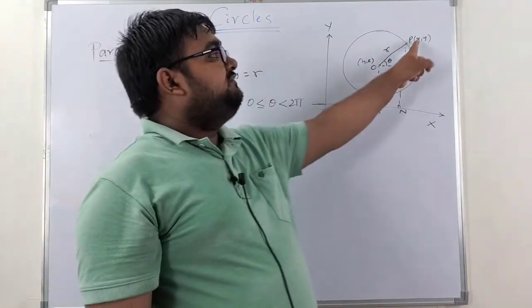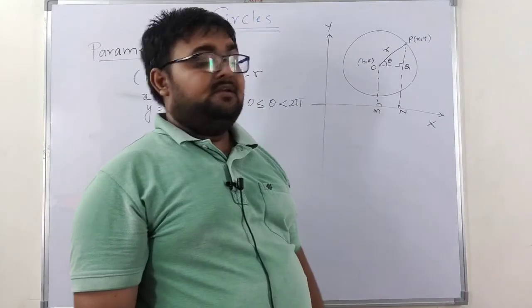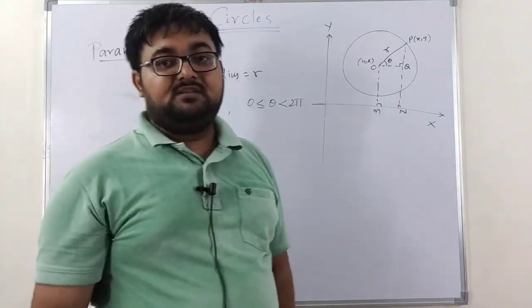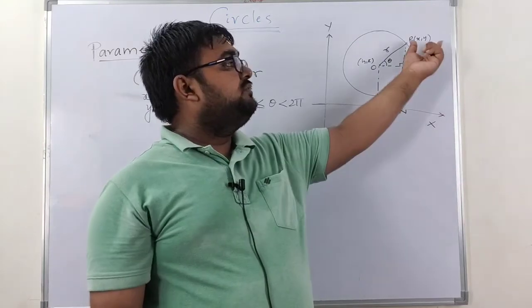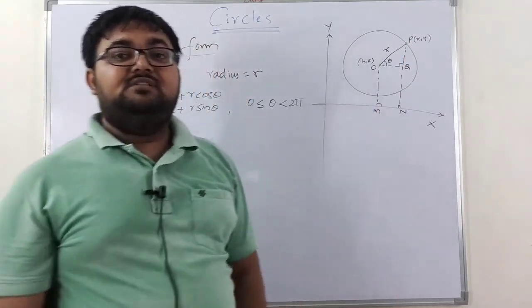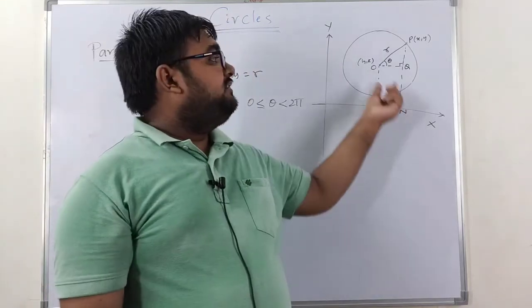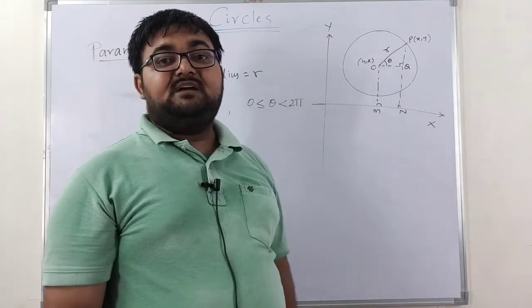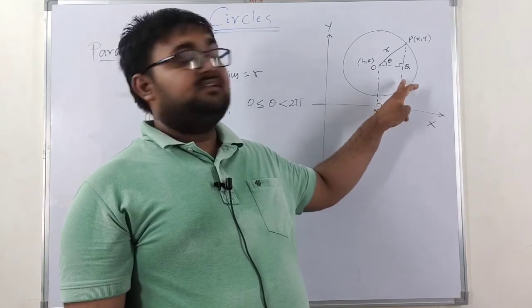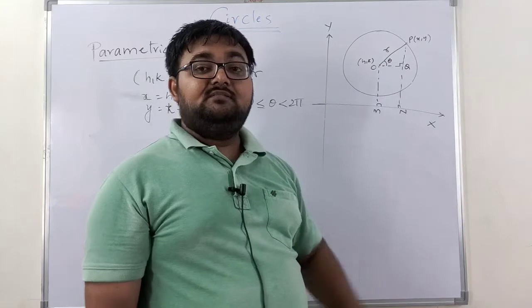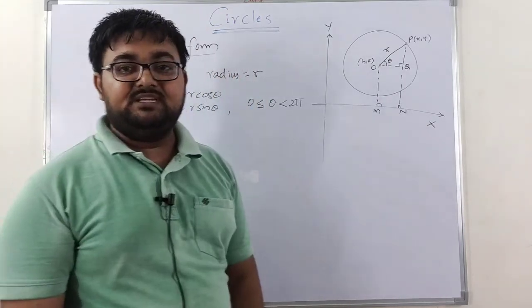Whatever the value of x and y that is present on the circle represents a point on the circle, right? So my motto is to find this point P, x comma y, which is my variable point when the center h comma k is given and the radius r is given, and theta is the parameter which I am using here.